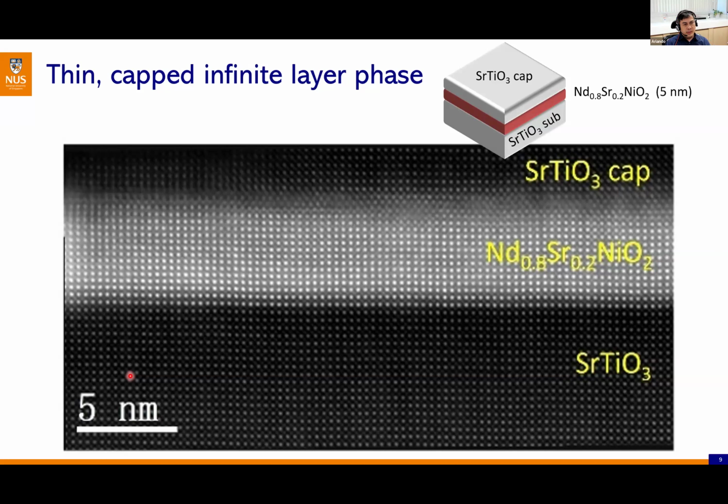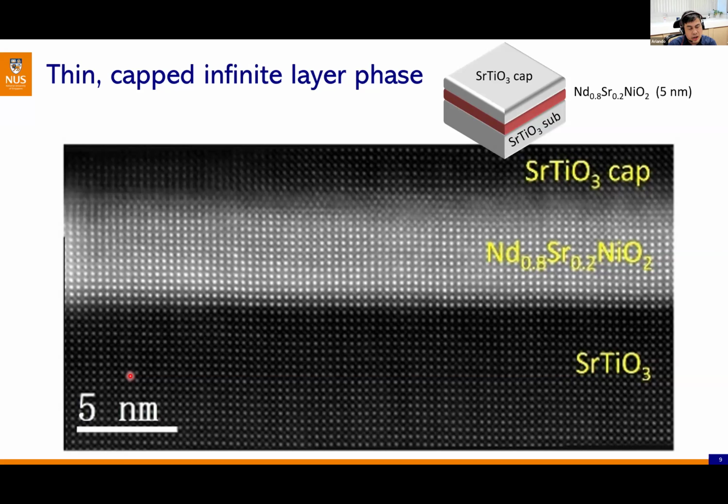In terms of the initial growth, we have not been able to produce more than 5 to 6 nanometer thickness that gives a pure phase after the reductions. So the thickness that you can achieve a highly pure infinite layer phase with has to be around 6 or below 6 nanometers.